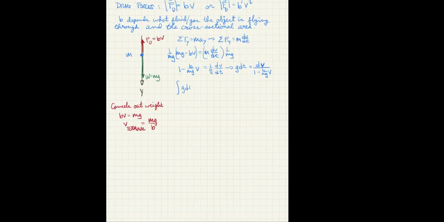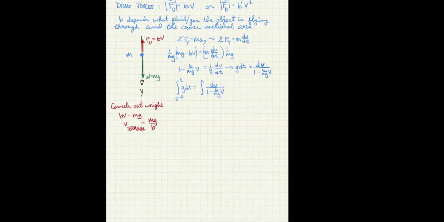So g dt is the left-hand side, and we're integrating with the variable t, so I'm going to take this from t equals 0 to just plain t, and then on the right-hand side, we're going to get the integral of dv over 1 minus b over mg times v.